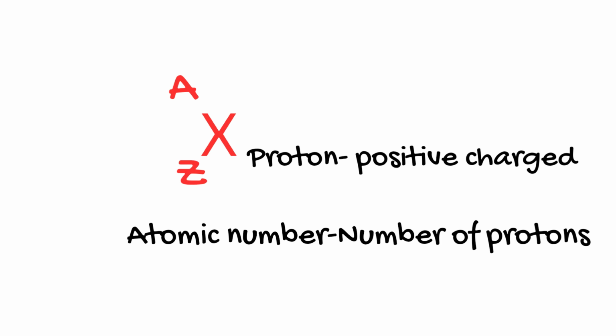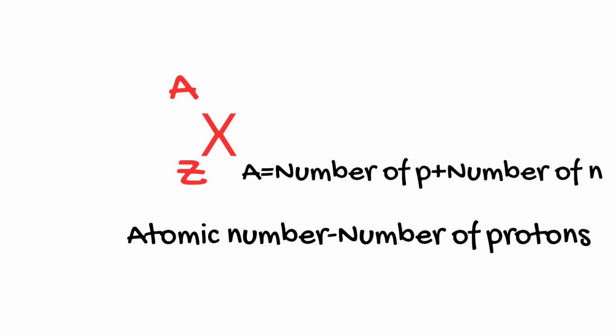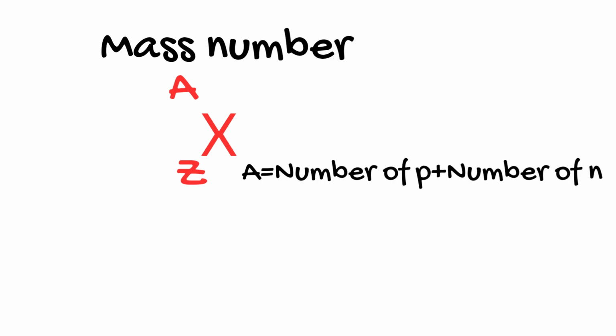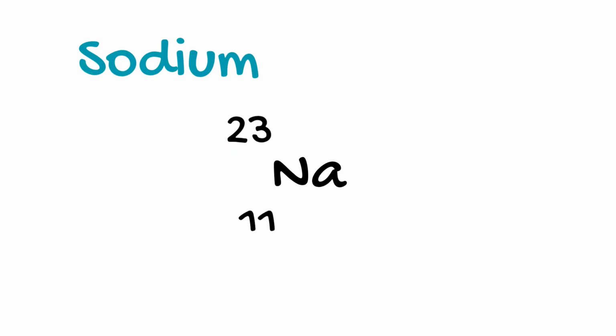And the capital letter A is used to denote the number of protons plus neutrons, and this A is called the mass number. So the number of protons is denoted by Z, and the number of protons plus neutrons is denoted by A. If I write an example, sodium 11 23.